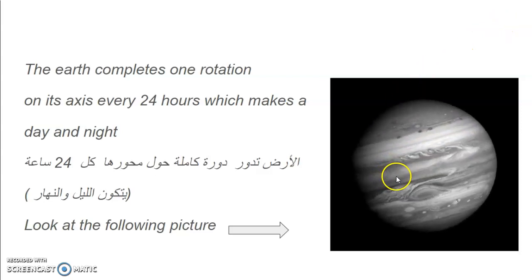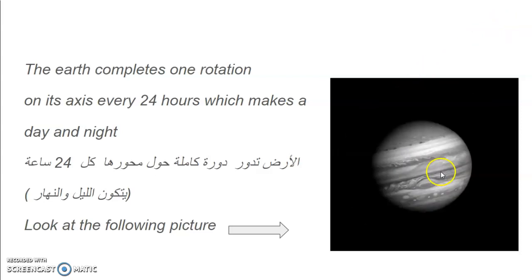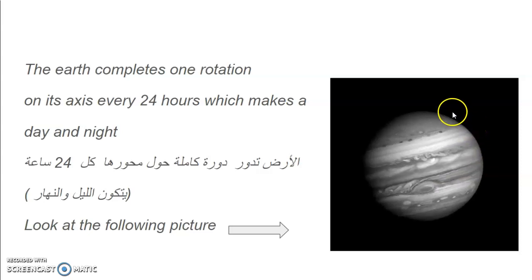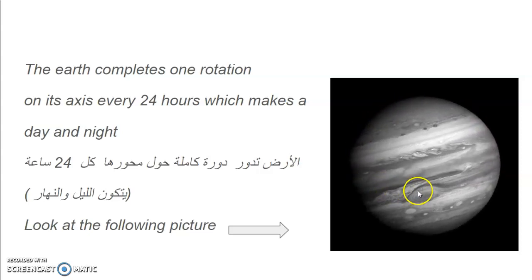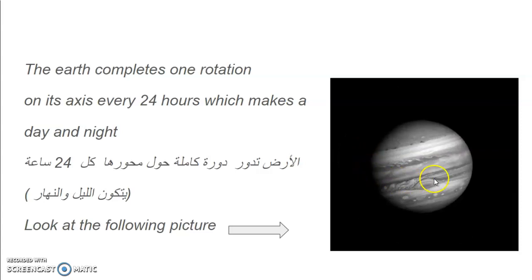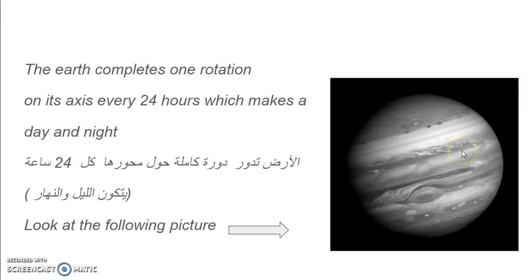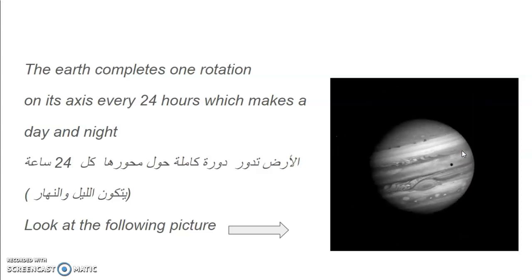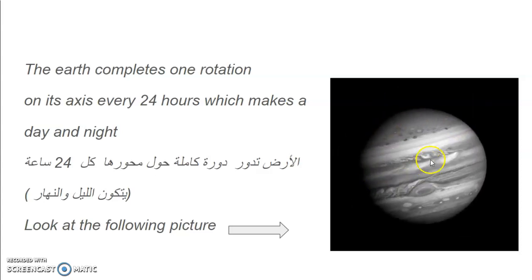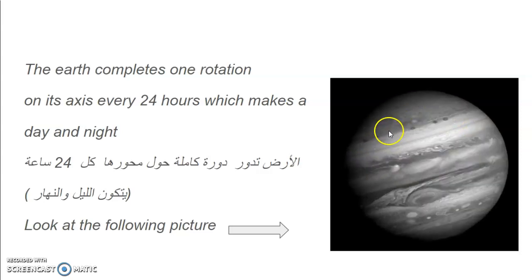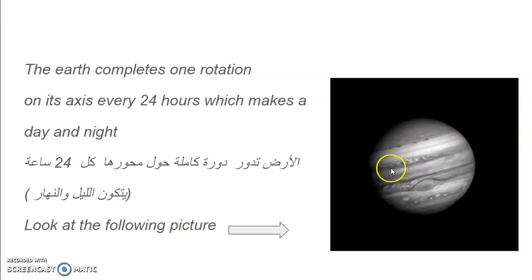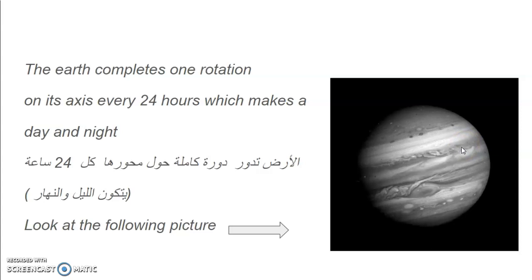When it finishes one rotation from here, here, one rotation every 24 hours باليوم. It completes day and night. So, the earth completes one rotation on its axis every 24 hours, which makes a day and night.